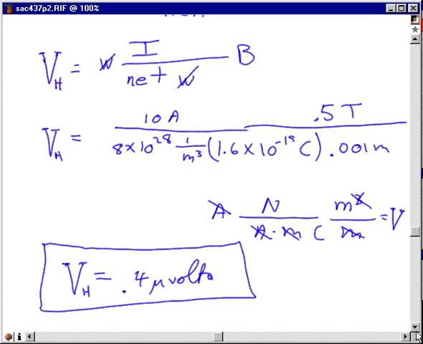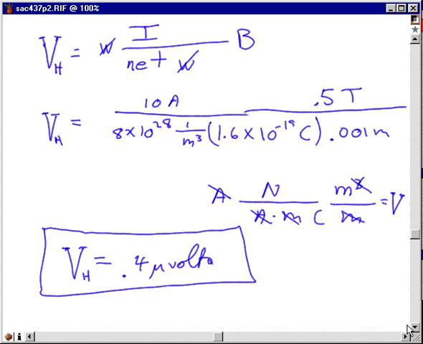0.5 Tesla, a couple of those neodymium, they're actually neodymium iron boron magnets. They're called neodymium disk magnets. They'll create that big a magnetic field. So we need a very sensitive voltmeter.